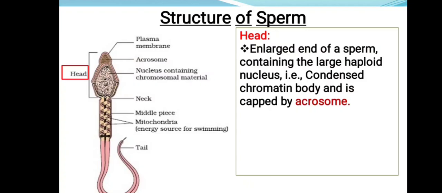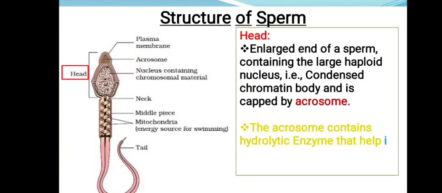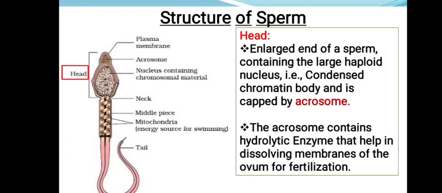So what is this acrosome? The acrosome contains hydrolytic enzymes that help in dissolving the membranes of the egg, which is required for fertilization. The egg is surrounded by different layers or membranes.